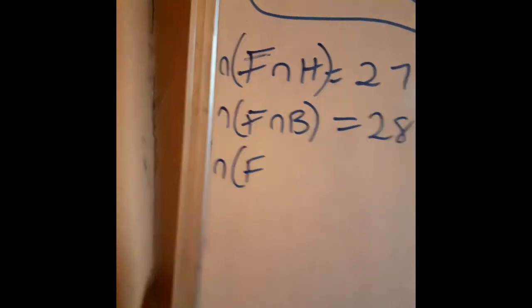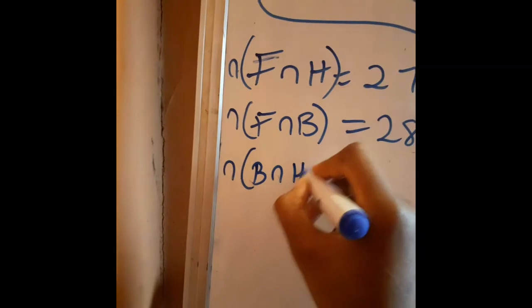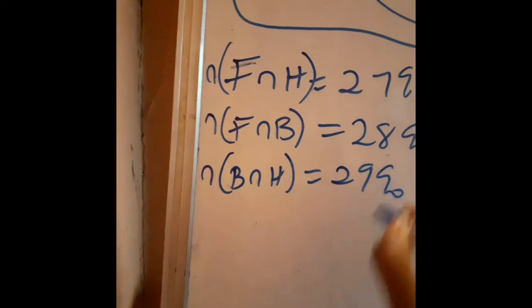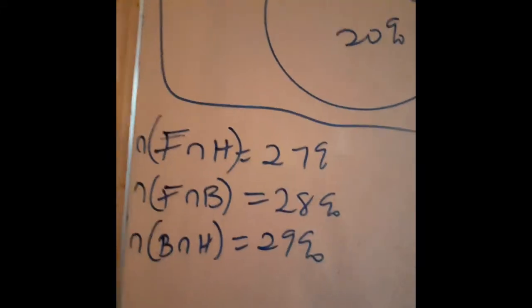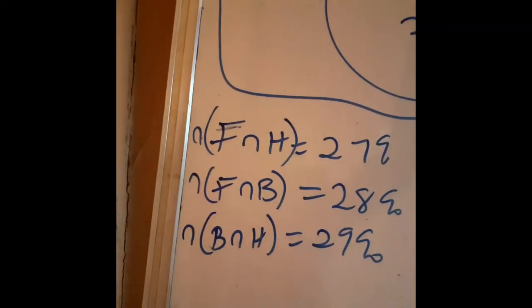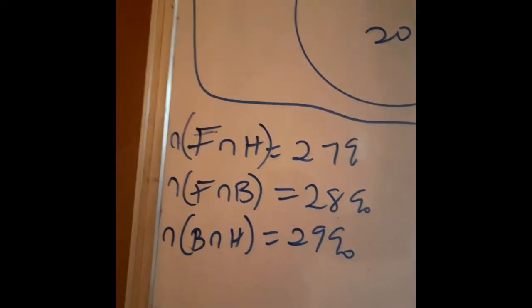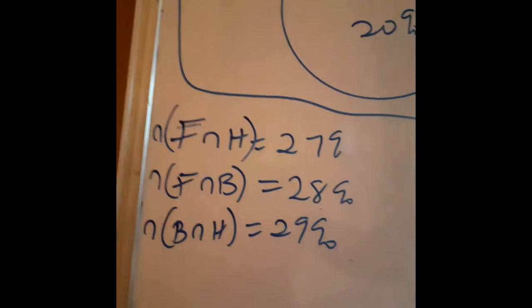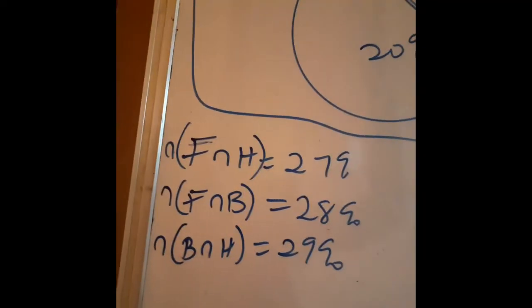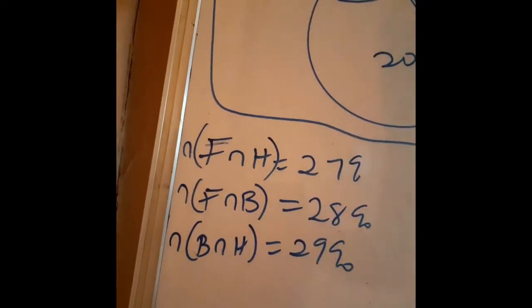And B intersection H, they gave us 29%. So if you look at it, this place is the intersection of F and H. This is the intersection of B and H, and this is the intersection of F and B. So anything we get here must give us this 27.